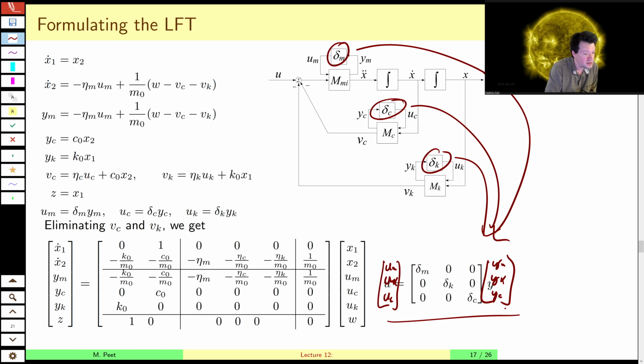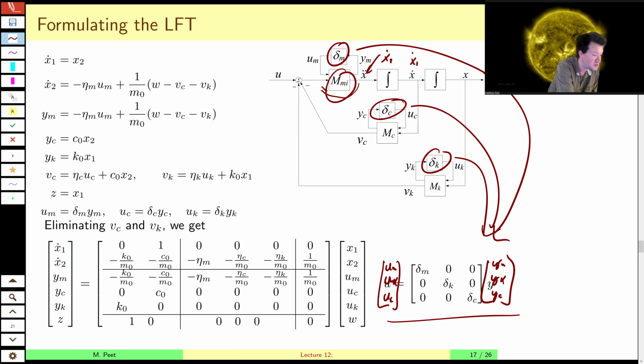The other ones are a little bit more complicated, right? So this is going to be x2 dot. This is x1 dot, so x1 is just x. And so this block, that x1 dot equals, wait, hold on a second. x1 dot equals x2. Okay, yeah, there we go. So this is x2 dot, and that's equal to this block.